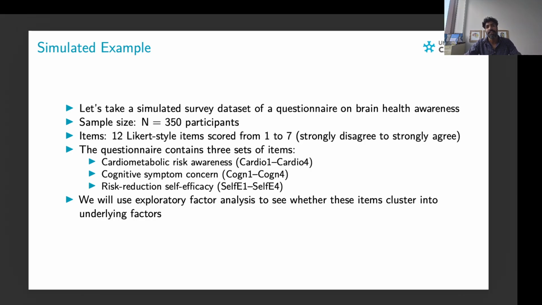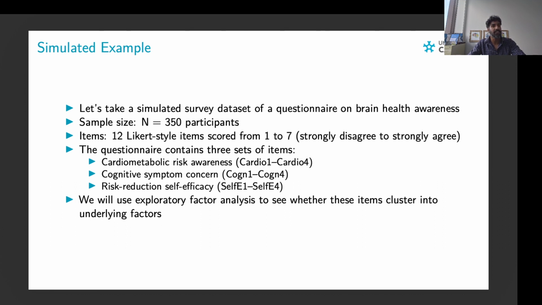Let's say I've asked you 12 questions, so 12 Likert-style items scored 1 to 7: strongly disagree, somewhat disagree, neutral, somewhat agree, strongly agree. So you have 3 on either side and neutral in the middle if it's 1 to 7.